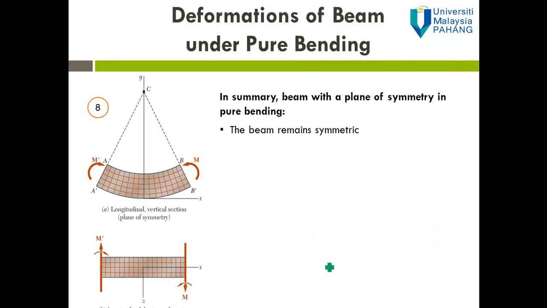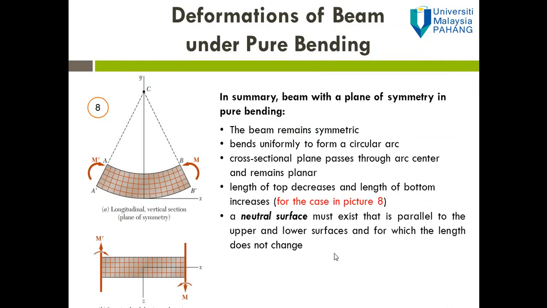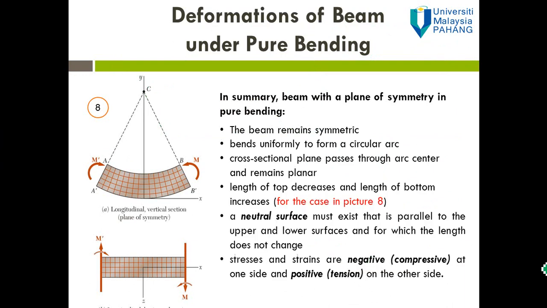So in summary, for a beam with a plane of symmetry subjected to pure bending, the beam after deformation will remain symmetric, and the beam will bend uniformly to form a circular arc.